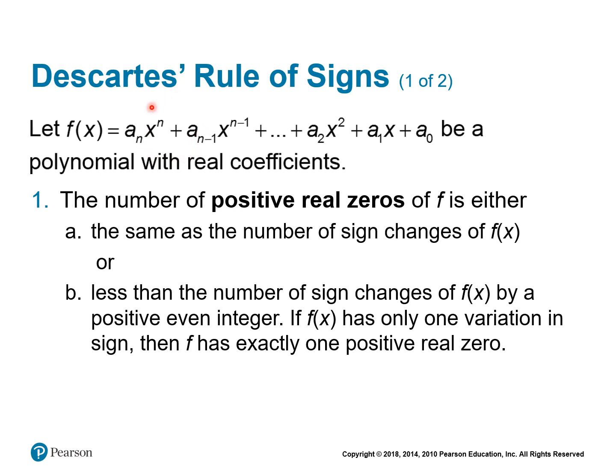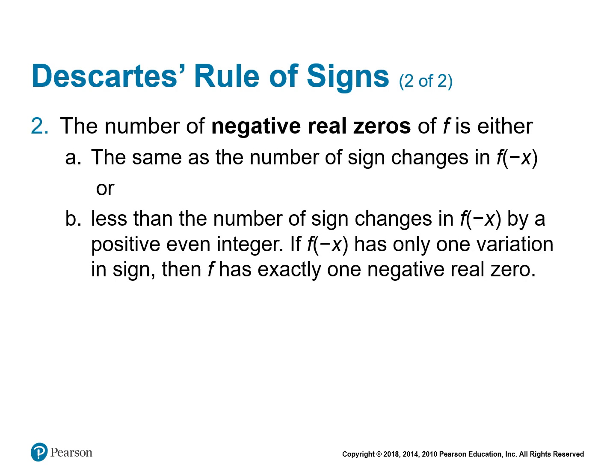All right. Now, as far as negative real zeros are concerned, the Descartes rule of signs says the number of negative real zeros of f is either the same as the number of sign changes in f of negative x or less than the number of sign changes in f of negative x by a positive even integer. If f of negative x has only one variation in sign, then f has exactly one negative real zero.